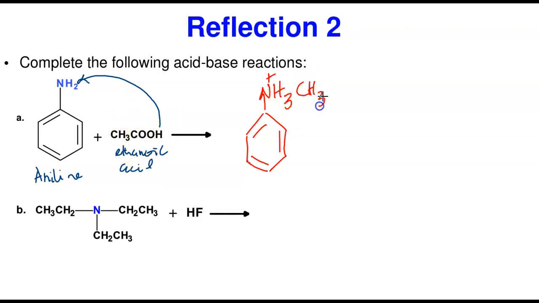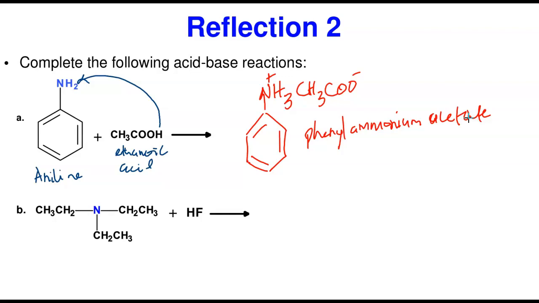Acetate ion is CH3COO minus. And of course, this is what? An amine salt. And in fact, this is called phenylammonium acetate. You don't need to name it, but at times I put this just to help the understanding. And this is soluble in water.